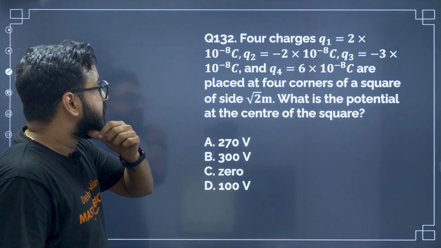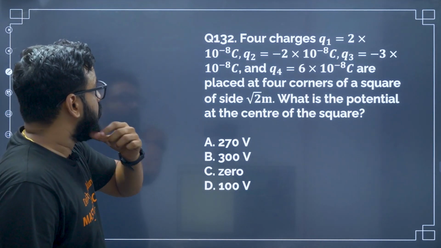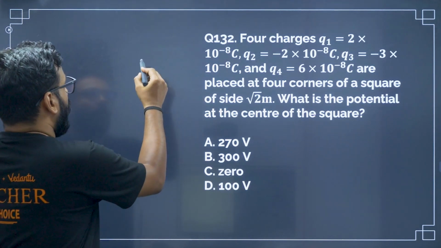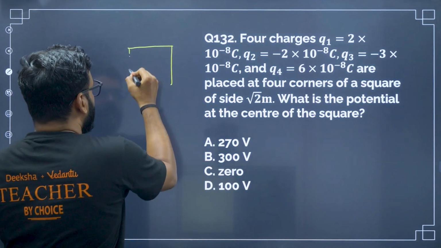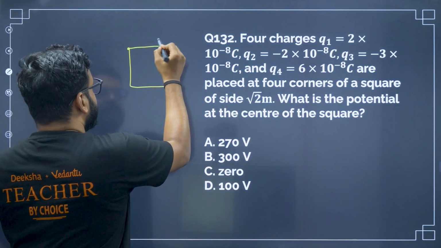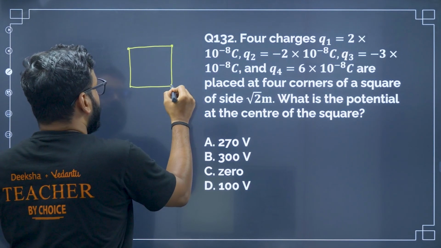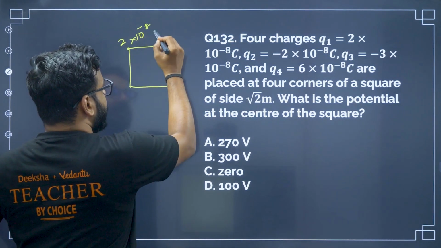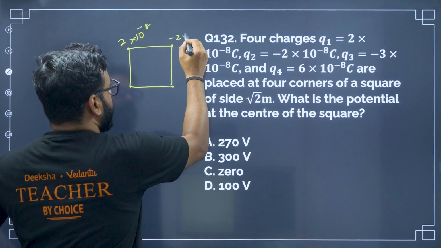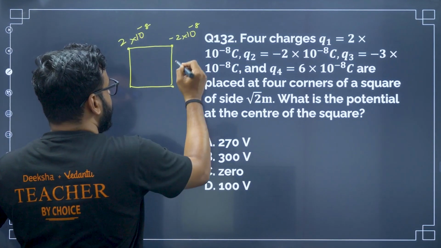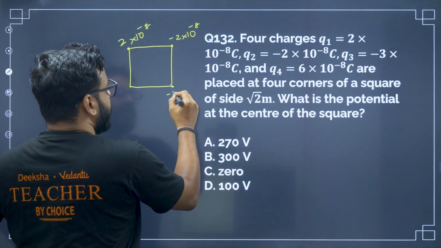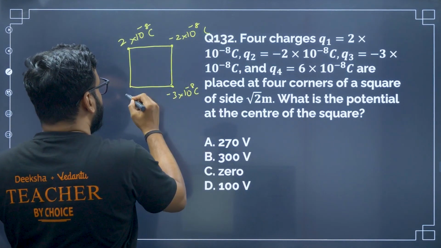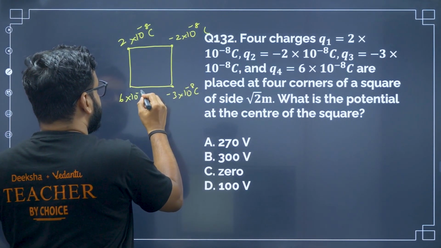Next, 4 charges Q1, Q2, Q3 and Q4 are all placed at the 4 corners of a square. So 4 charges, what are they? One is 2 into 10 to the power minus 8, the other is minus 2 into 10 to the power minus 8, and minus 3 into 10 to the power minus 8, all coulomb, and 6 into 10 to the power minus 8.